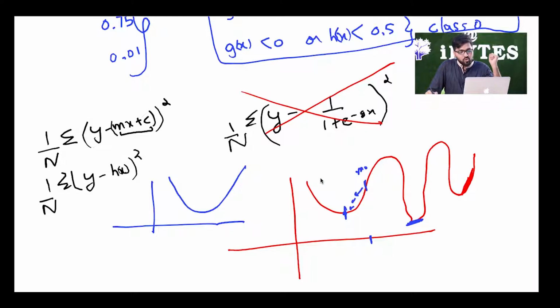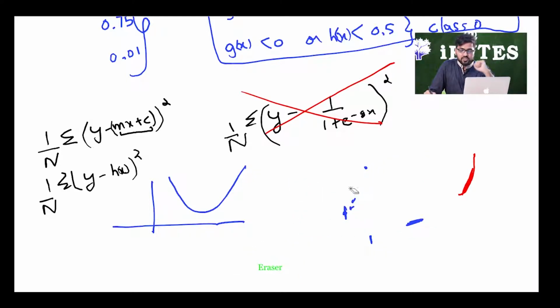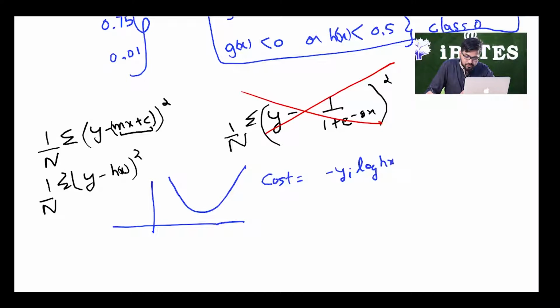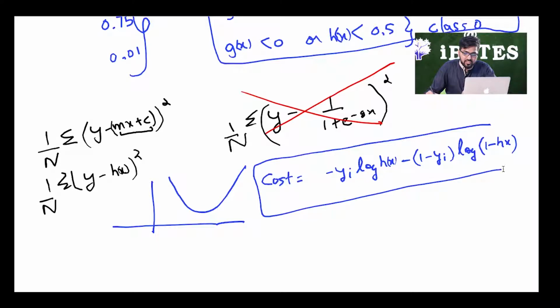For that reason, to get a function which has only one local minima, we take the cost for logistic regression as minus y_i log h(x) minus (1 minus y_i) log (1 minus h(x)). Okay, so this is the function that we take as the cost function for our logistic regression.